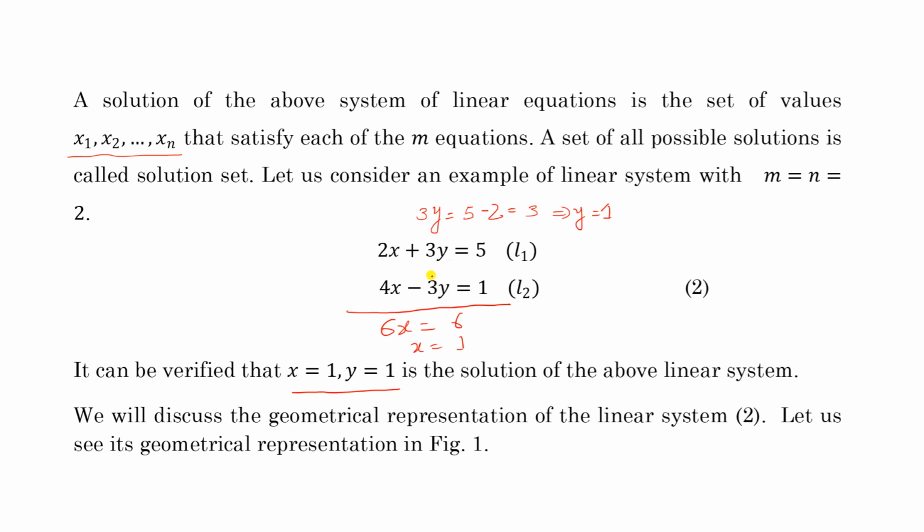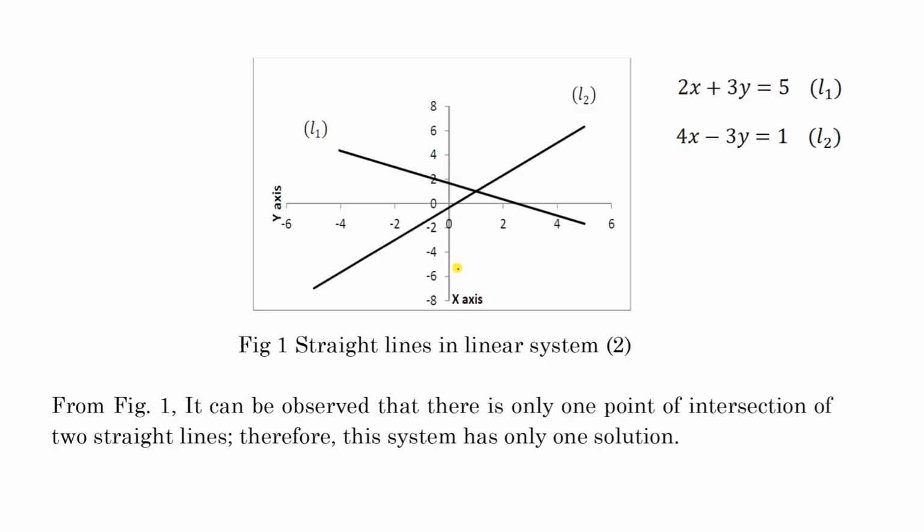Now, to understand it geometrically, we try to draw this in a two-dimensional plane. Look at this. First one is 2x plus 3y equal to 5. To draw in a two-dimensional plane, it's very easy. Find the point where this line touches the x-axis. It means y equal to 0. So if you put y equal to 0, you will get x equal to 2.5. And find the point where it touches the y-axis.